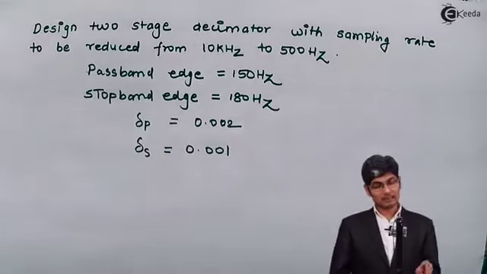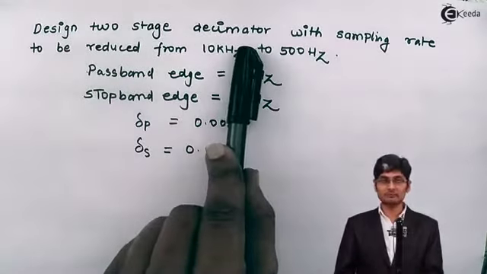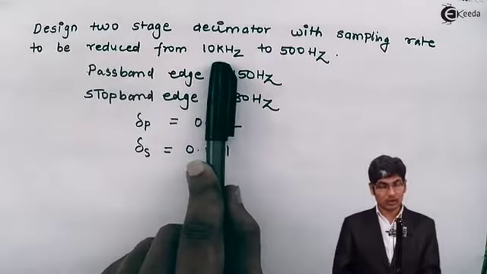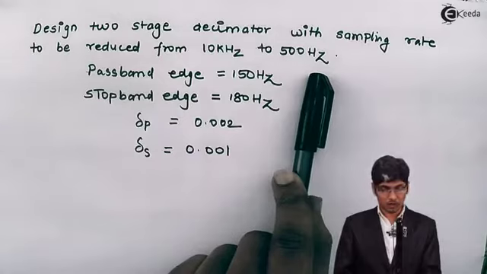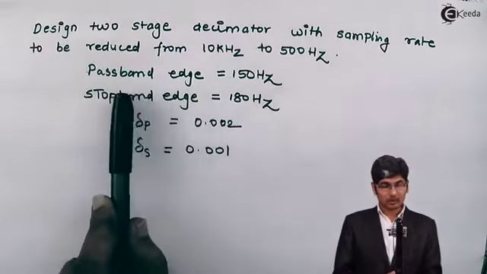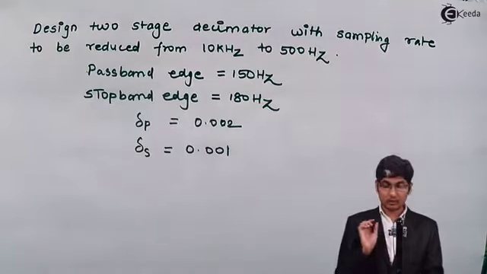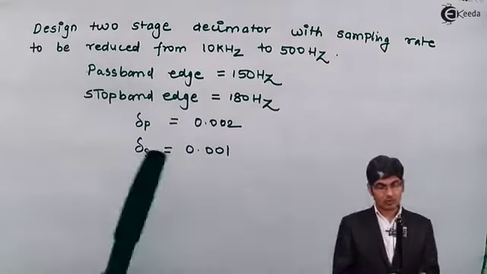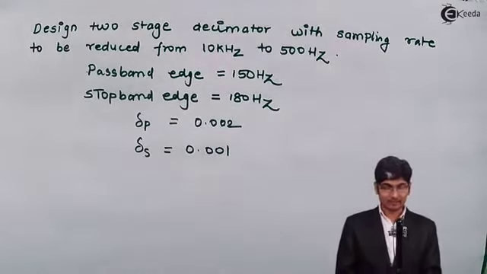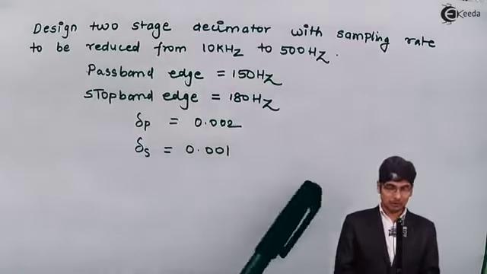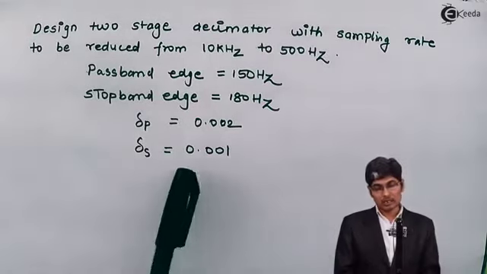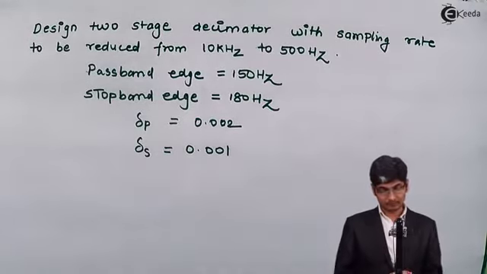The problem says: design a two-stage decimator with the sampling rate to be reduced from 10 kilohertz to 500 hertz. The requirement to avoid aliasing is given as follows: the passband edge is 150 hertz, the stopband edge is 180 hertz, the passband ripple is 0.002 and the stopband ripple is 0.001.